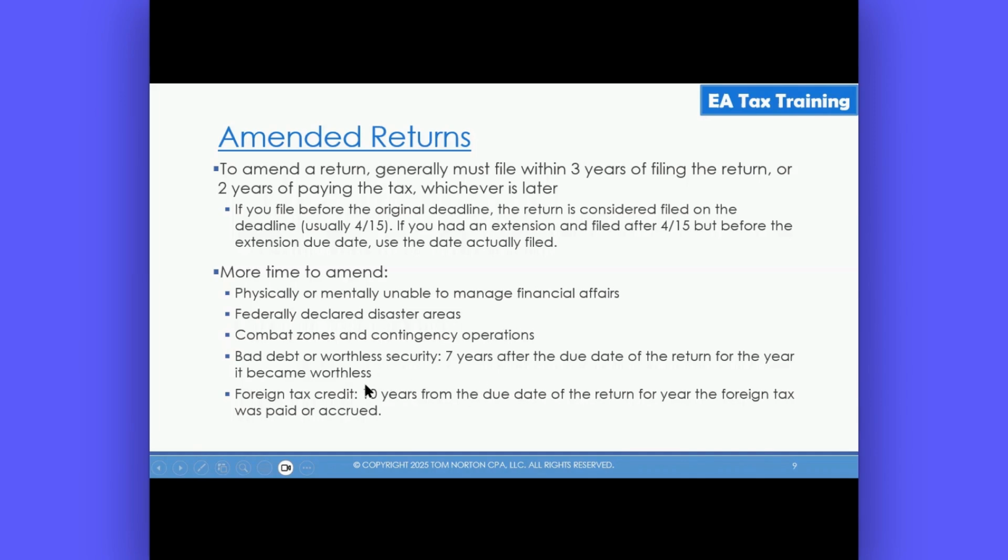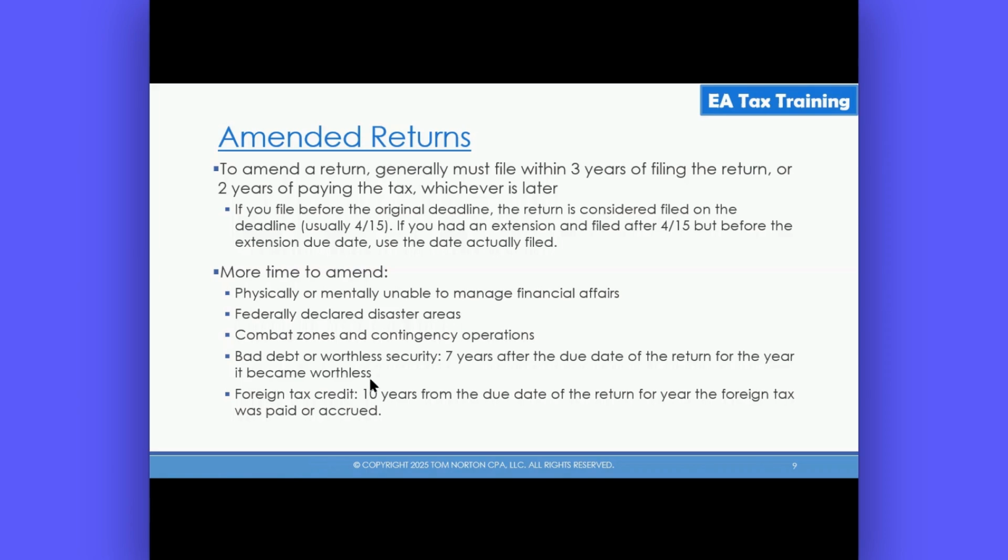If the reason you are amending is due to a bad debt or a worthless security, then you have 7 years from the due date of the return for the year that it became worthless. So sometimes you may have a security, for instance, that becomes worthless, but you don't realize until a few years later, in hindsight, that it was actually worthless a few years ago.